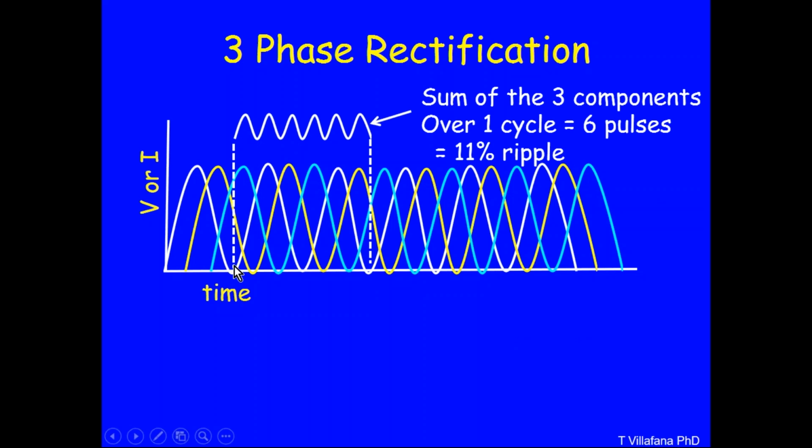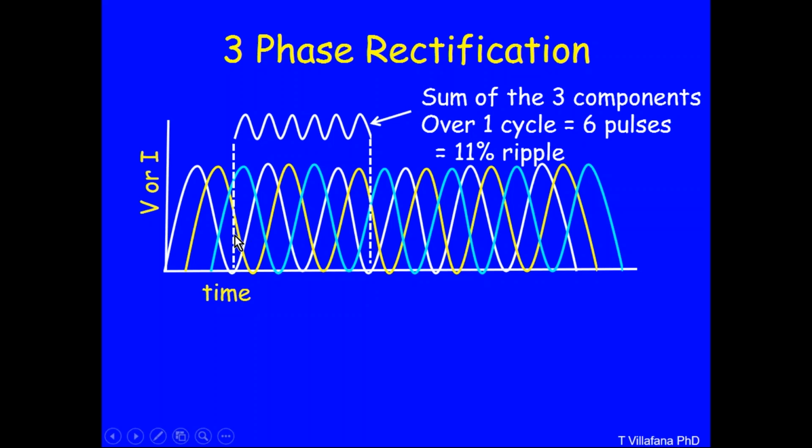For instance, where white would have gone to zero along the dashed line, now you have the green and the yellow adding in, so that you never go to zero, and you are consistently high, and you have the sum of these three phases looking like what I've shown. If you count the pulses, here's one green, white, yellow, green, white, yellow. There are six of those. So we call this three-phase, six-pulse rectification.